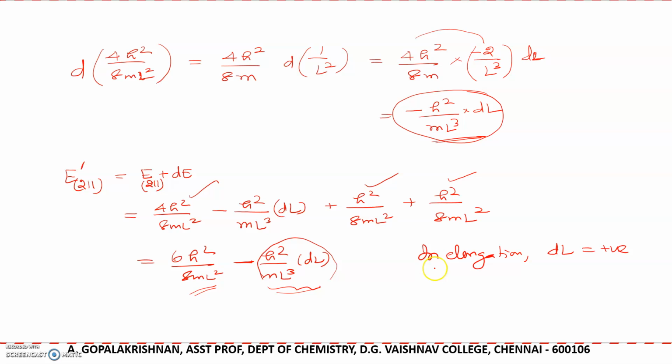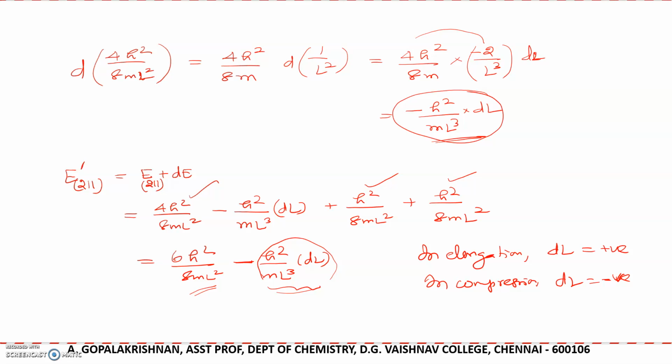Whereas if you carry out compression, in compression dL should be negative. If dL is negative, then negative becomes positive, so the energy of the system will increase. That is why in Jahn-Teller distortion, the very common distortion is elongation, because in elongation the energy of the system decreases. Therefore stability increases.